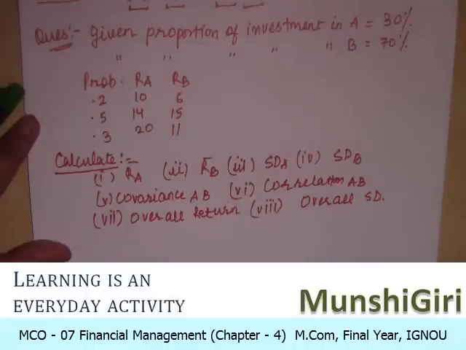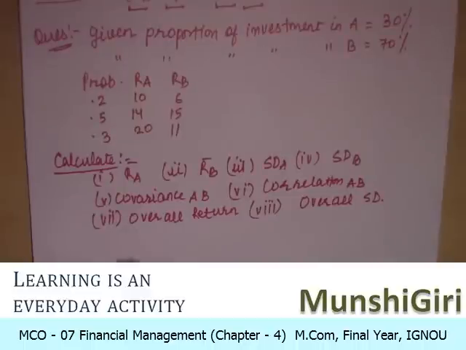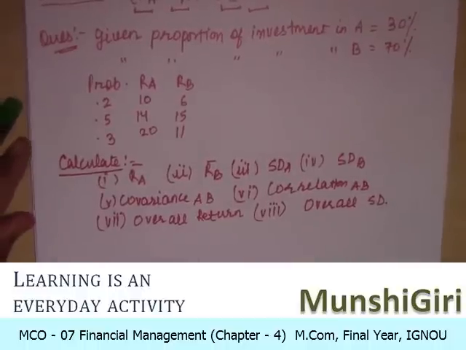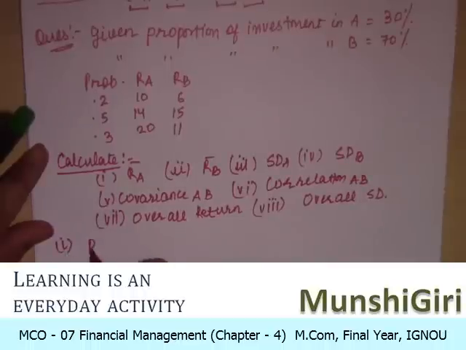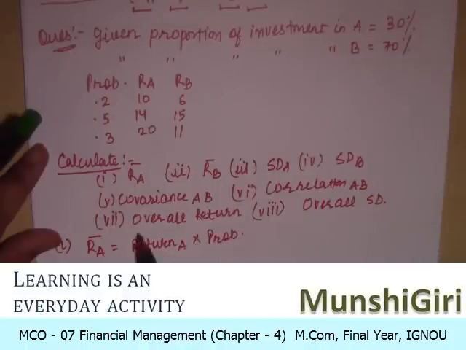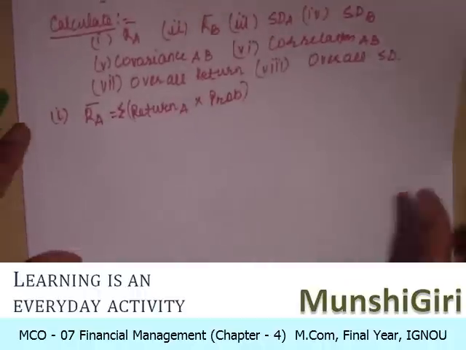Starting with this, first we have to calculate expected return of A. So how do we calculate this? Expected return of A is summation of return of A into probability. So let's do this solution.